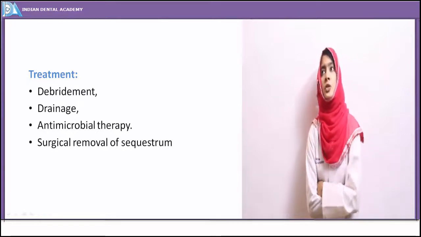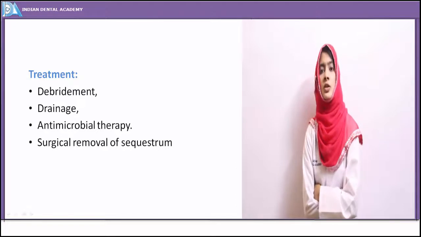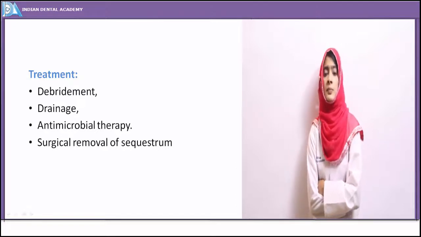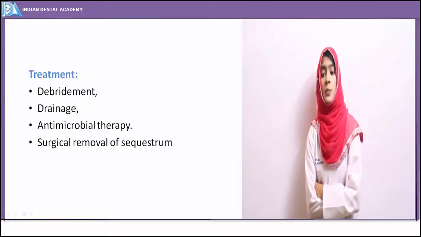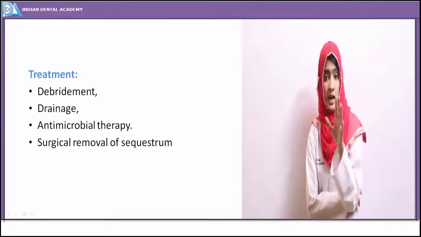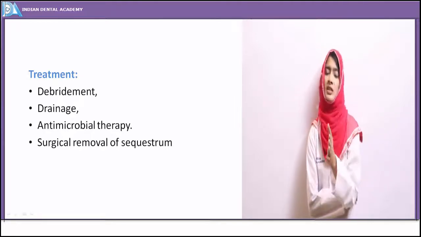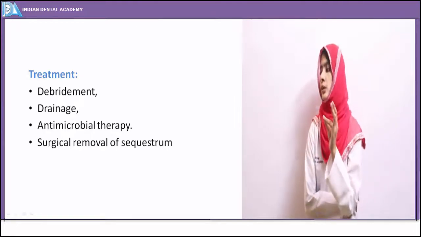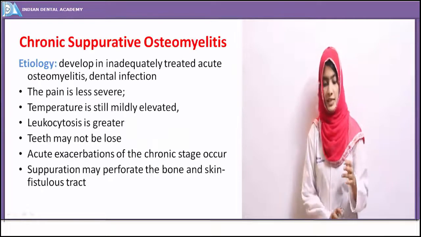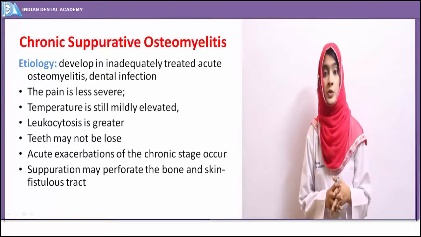Sometimes the necrosed bone or the sequestrum is surrounded by viable bone, and that is the involucrum. So that's about the features of acute suppurative osteomyelitis.